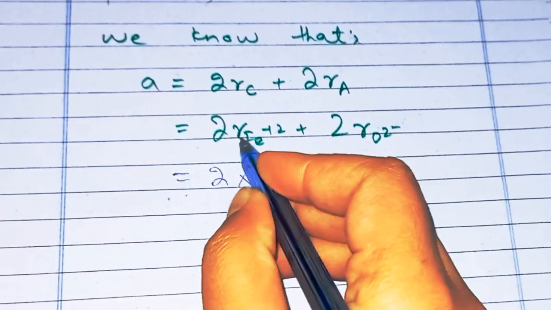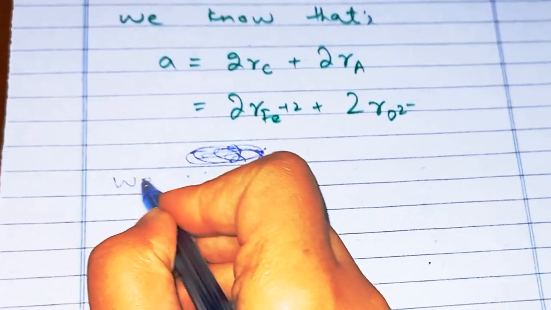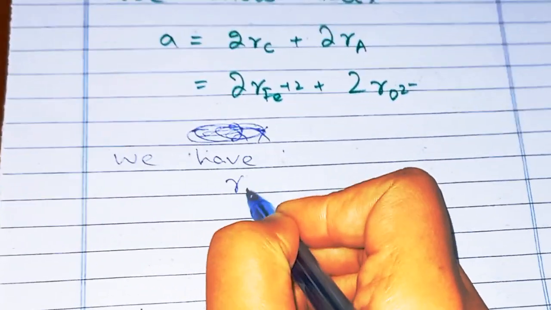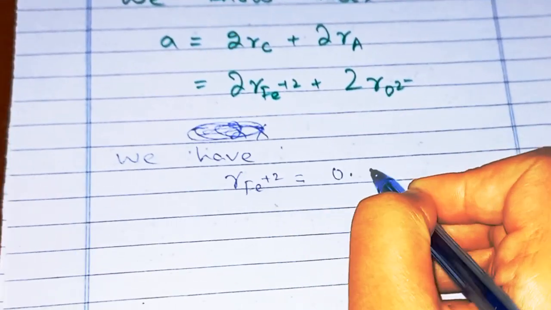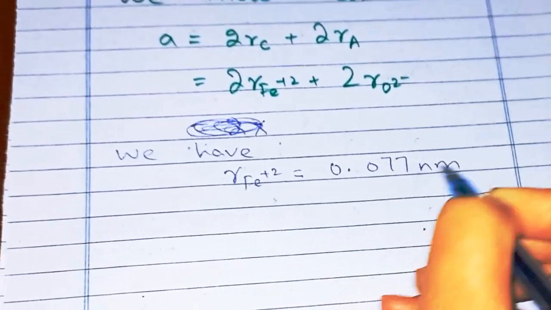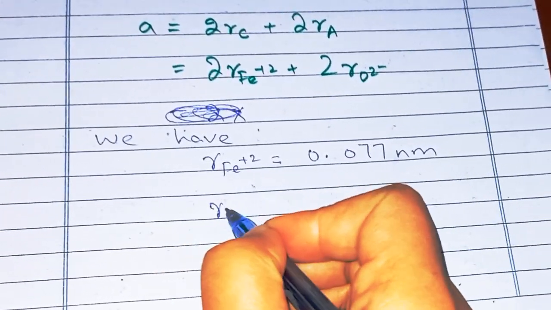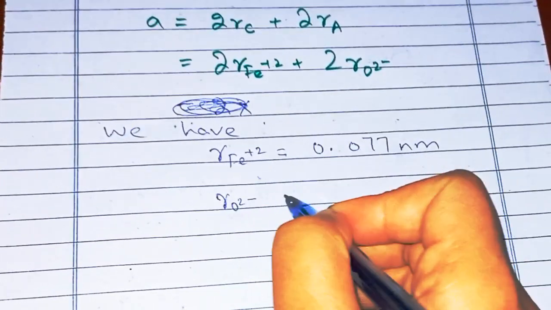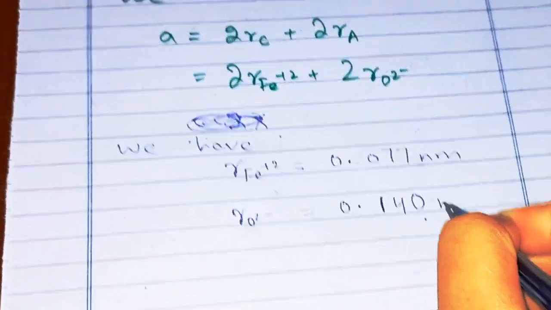Let's put in the values. It's 2 times the radius of ferrous. Okay, first we need to mention them. We have the radius of the ferrous ion, that is equal to 0.077 nanometer. And the radius of the oxygen ion is equal to 0.140 nanometer.